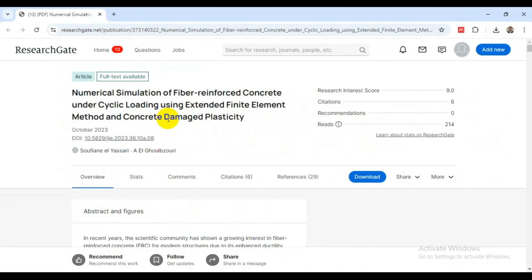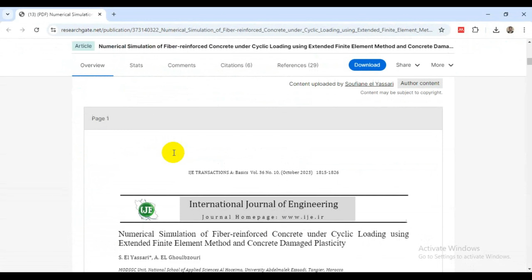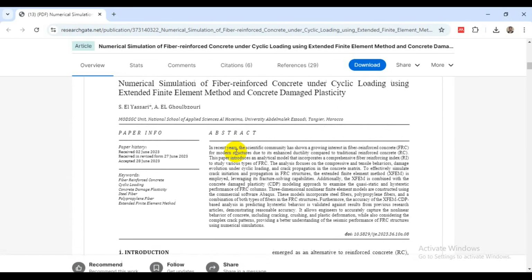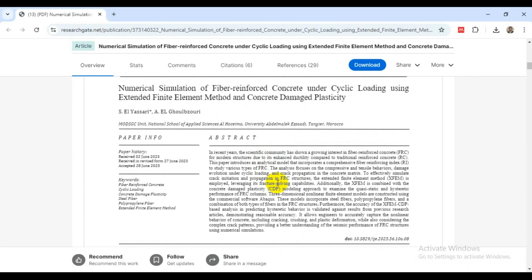So you can go to the theoretical background, search for this research article, and study how the fiber reinforced concrete theory, equations, and applications are found here.